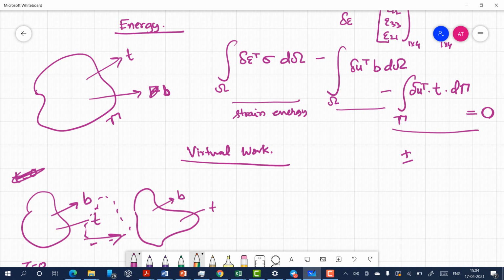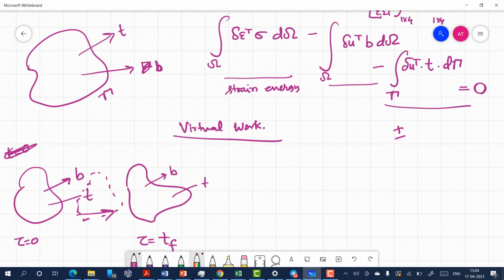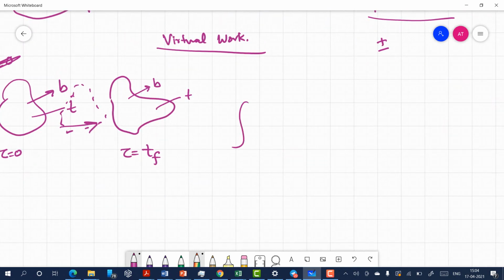So I will have the first term, the volume integration, and this transpose of strain, and then because of that strain I will have some amount of stress, the initial stress, which can be residual stress, thermal stress, and the final strain which I have is epsilon minus the initial strain, epsilon naught, and then this whole thing integrated over the volume.